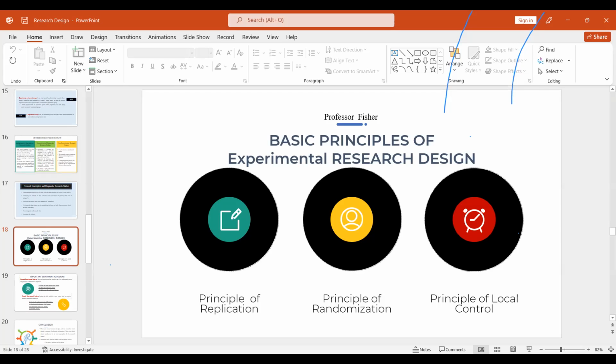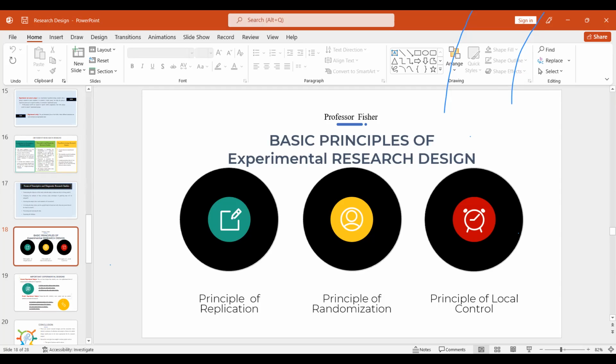And the principle of randomization provides protection, when we conduct an experiment, against the effect of extraneous factors. In other words, this principle indicates that we should design or plan the experiment in such a way that the variations caused by extraneous factors can all be combined under the general heading of chance.